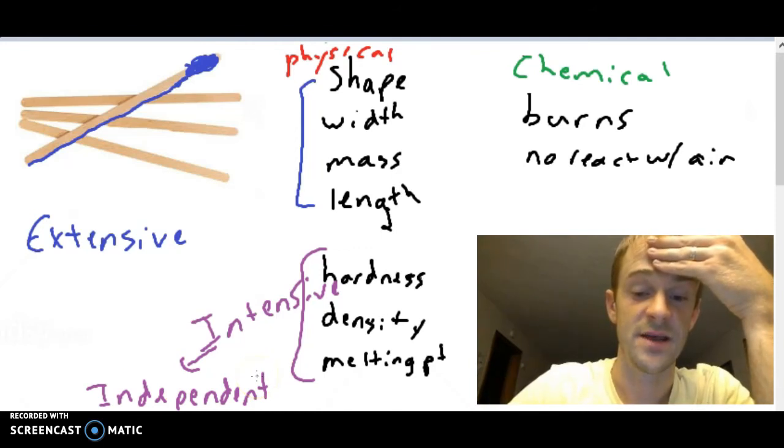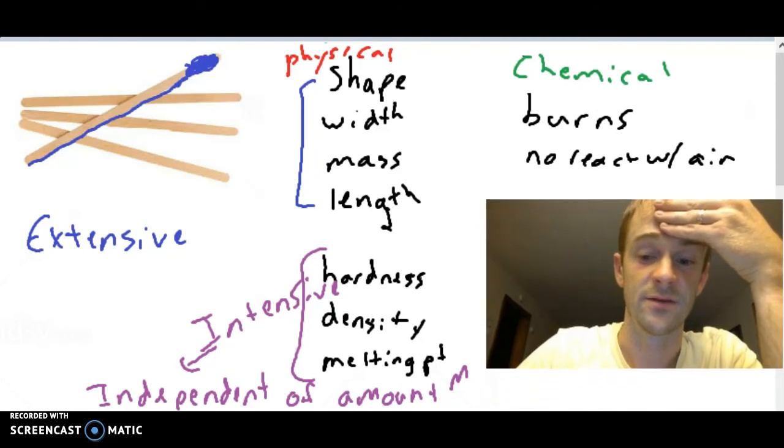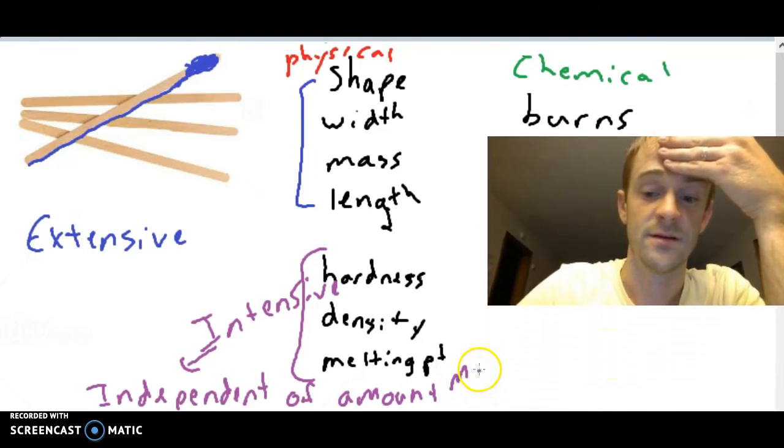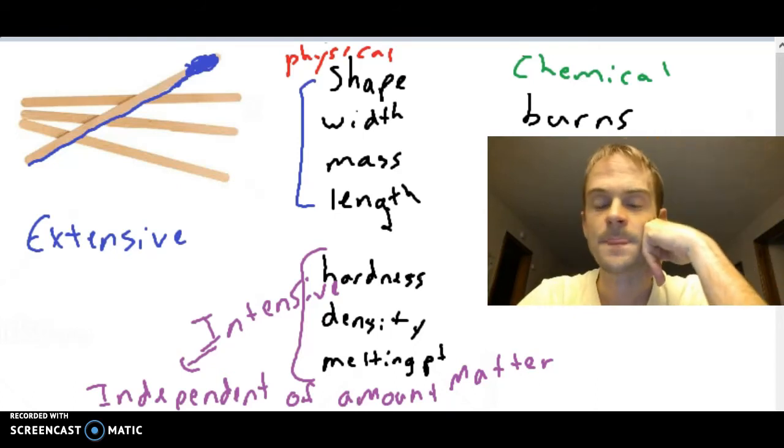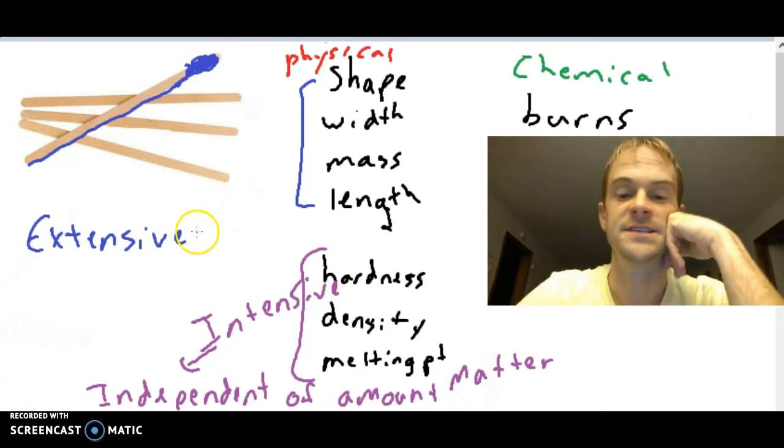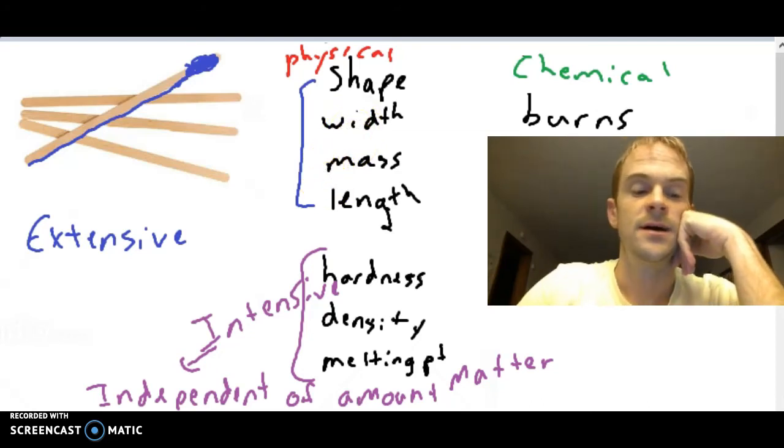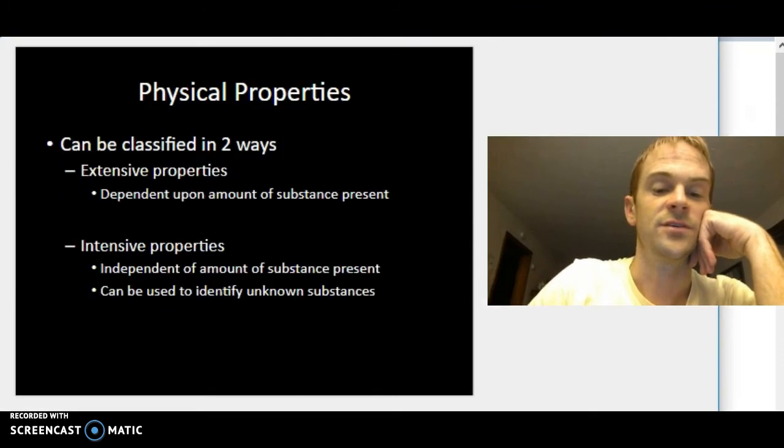So these are independent of the amount of stuff, the amount of matter. Oh, I can't write over that. Let's move that up here. Okay, they're independent of the amount of matter. Okay, but extensive depend upon how much stuff is there. Okay, now let's make sure I give you a good list.